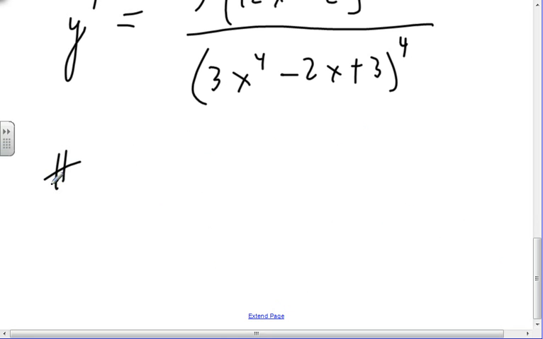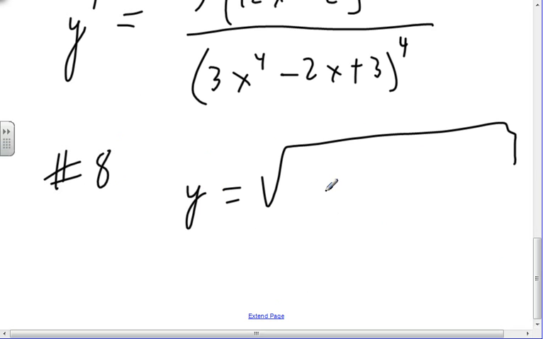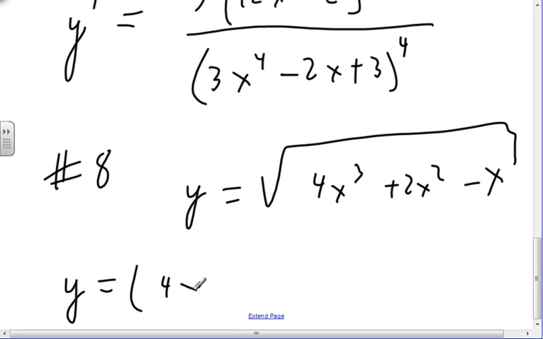Number 8, y is the square root of 4x cubed plus 2x squared minus x. And again, I'd never work that problem. I'd work a different one. 4x cubed plus 2x squared minus x raised to the 1/2.